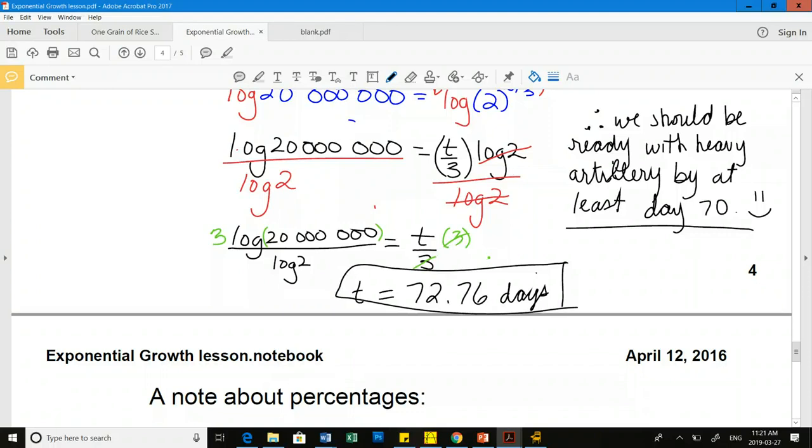I'm just saying, in the context of this question, we want to be ready by day 70, right? But by day 72.76, 3/4 through day 72, we're in trouble, right? We've been overtaken by the mutant insects.